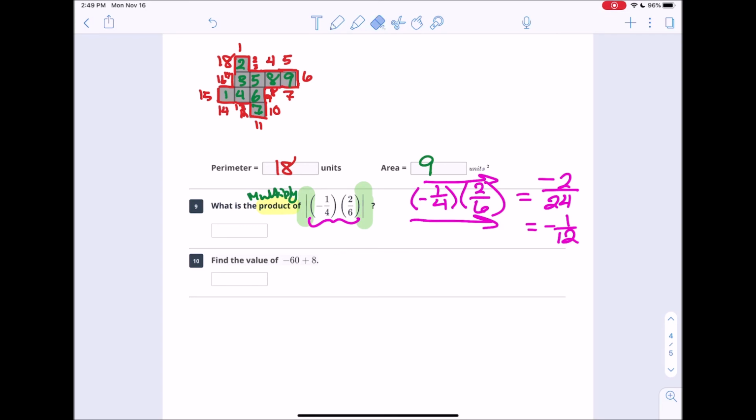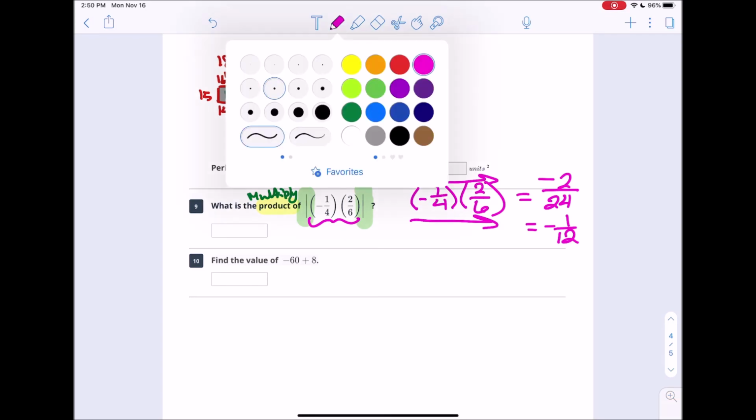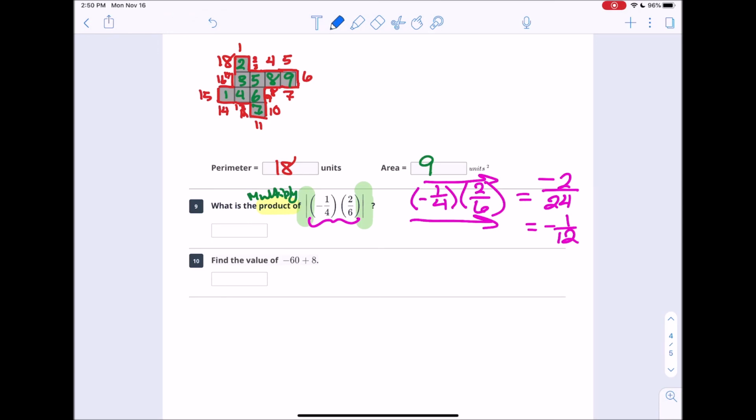Or another way you could have done it is you could have cross-simplified. 6 and 1 don't simplify, but 2 goes into 2 one time, 2 goes into 4 2 times, and you would get 1 times 1, which is 1, and 2 times 6, which is 12, and it would jump you down automatically to the answer.